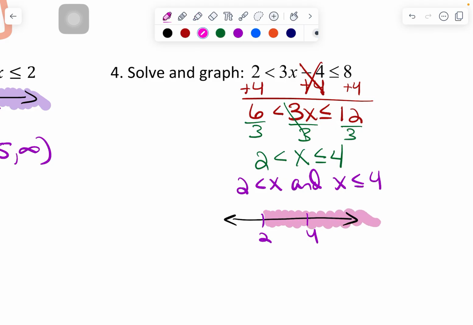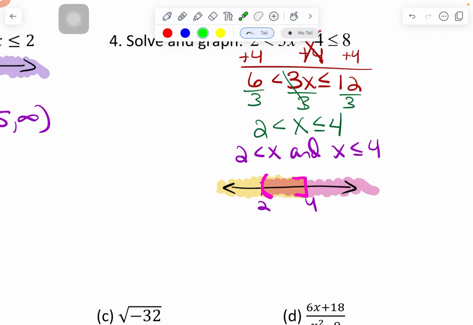At 2 itself, though, I'm going to use a parenthesis, no equal to part. And my second inequality is I want x to be less than or equal to 4. So from 4, I'm going to shade to the left. That's less than 4. And I want to use a bracket at 4 because there is an equal to part.